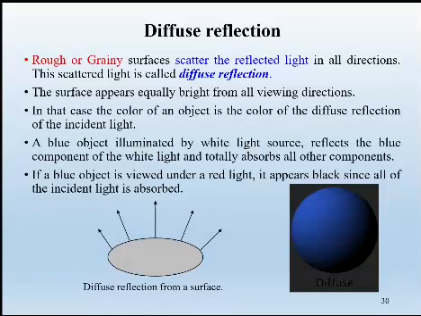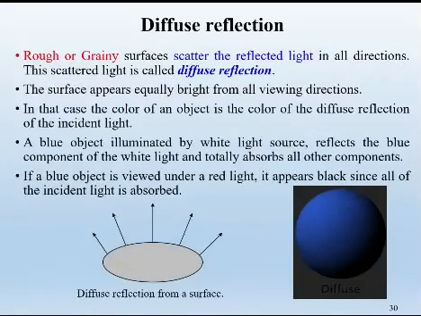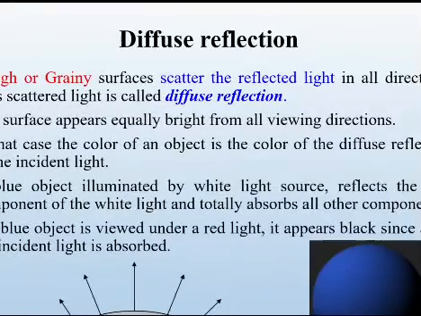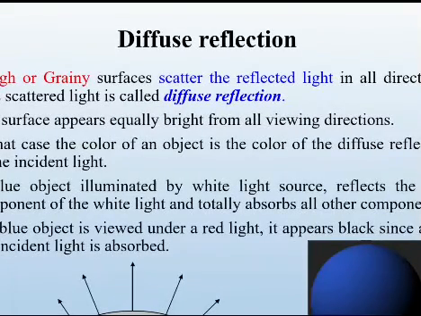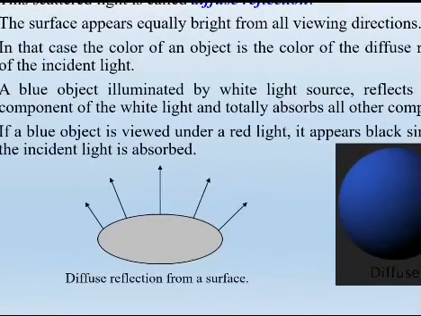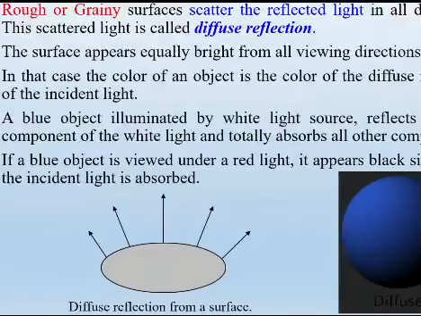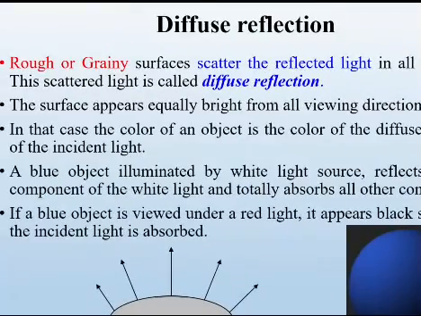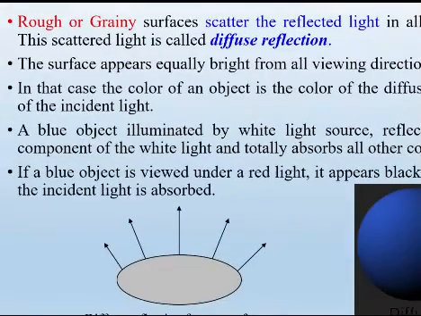Now, diffusion reflection. There are two major kinds of materials, opaque and transparent. Rough or grainy surfaces scatter the reflected light. You can see here, if it is a rough surface, it scatters the light in all directions. This scattered light is called diffusion reflection.